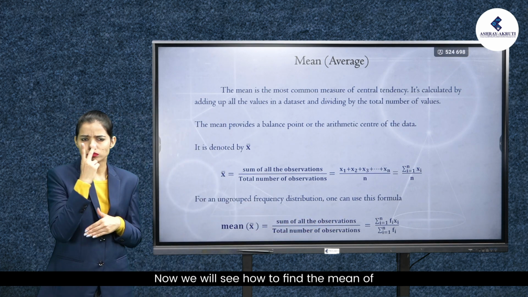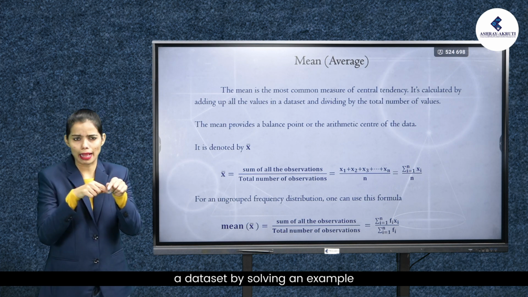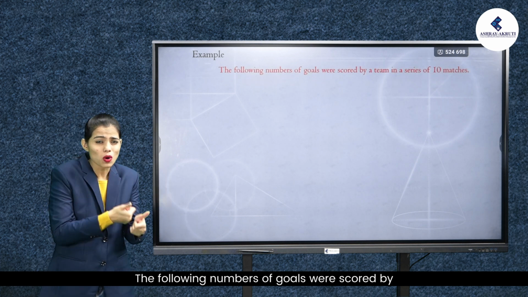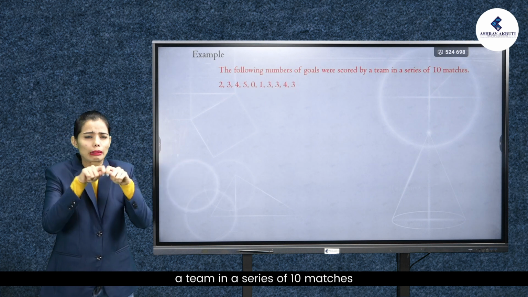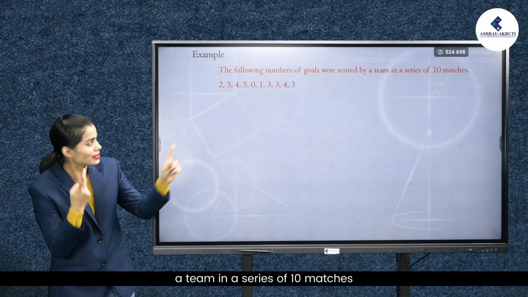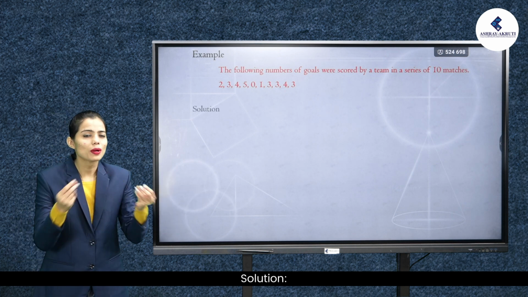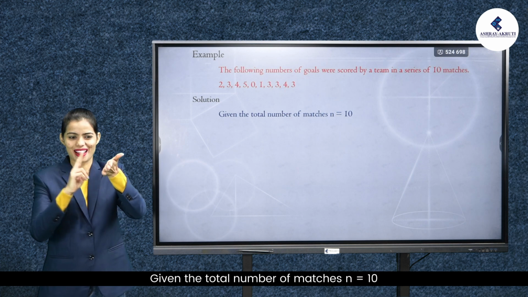Now, we will see how to find the mean of a data set by solving an example. The following numbers of goals were scored by a team in a series of 10 matches. Solution: given the total number of matches n is equal to 10.